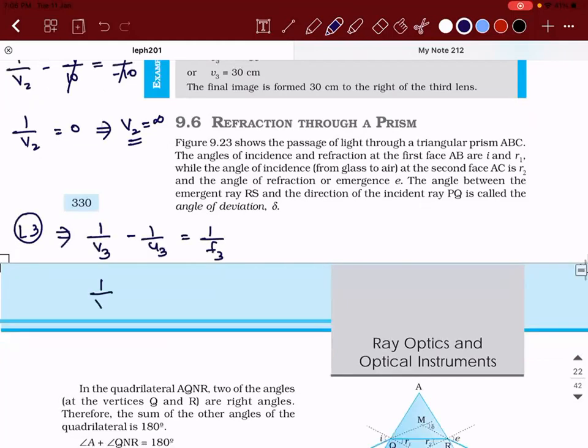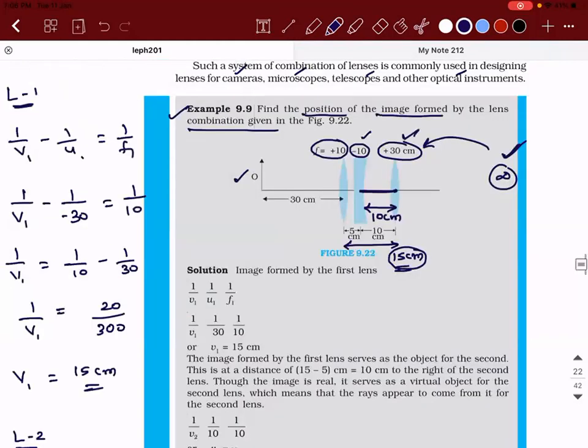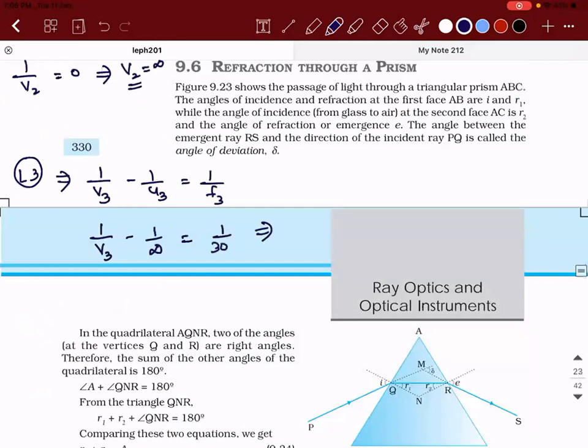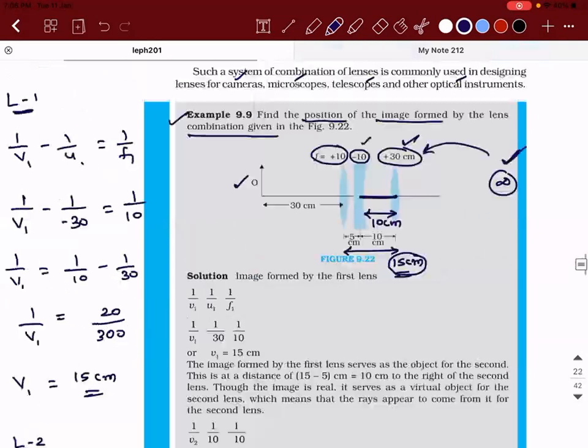So 1 by V3 minus 1 divided by U3, which is infinity, is equal to 1 divided by F3, which is plus 30. So 1 by V3 is equal to 1 by 30, that implies V3 is equal to 30 centimeters. So 30 is positive, means the image with respect to the third lens is formed at a distance of 30 centimeters from it on the right hand side.